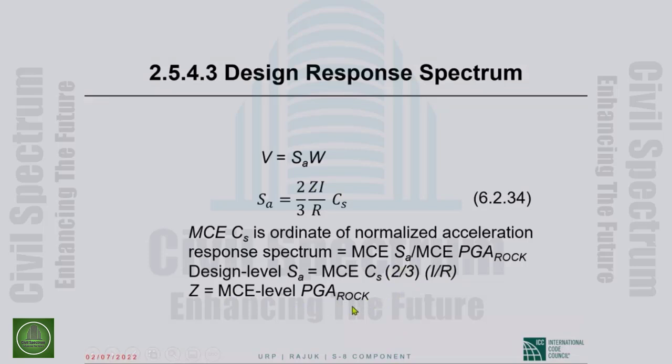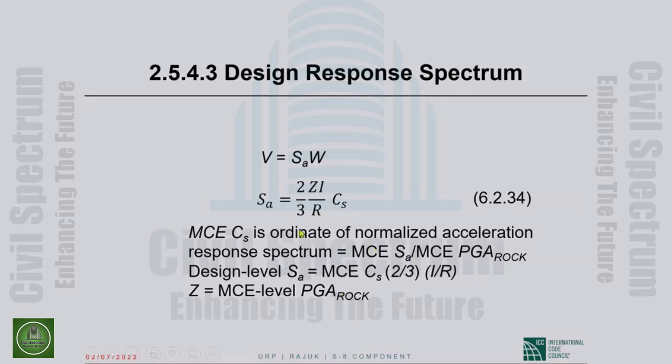The C sub S is MC level S sub A divided by MC level PGA on rock. Z is MC level PGA on rock. So Z times C sub S is actually S sub A, MC level S sub A.